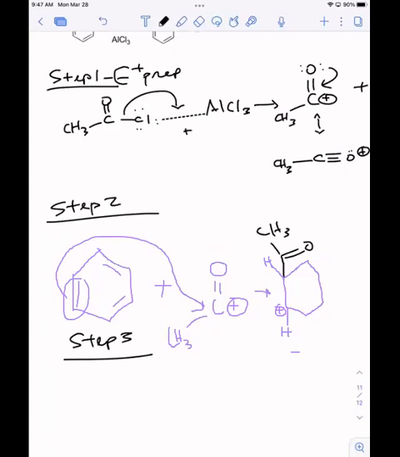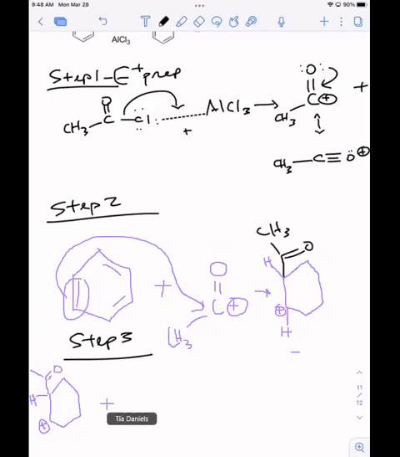Can somebody tell us what step 3 is going to entail? What was step 3 in every last one of these reactions that we've seen already? It's going to reestablish aromaticity, and the aluminum chloride is going to attack the hydrogen and cause another double bond to form where it was originally.